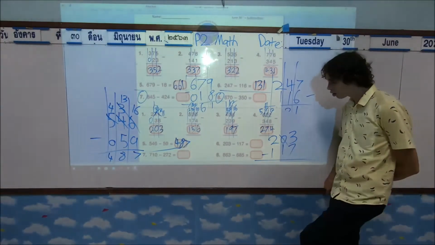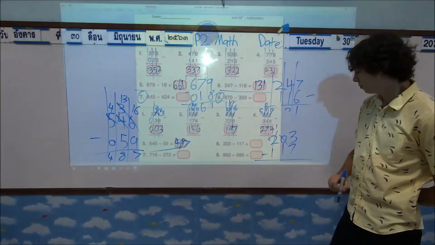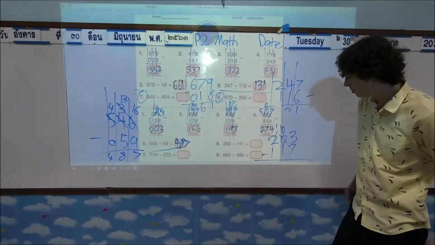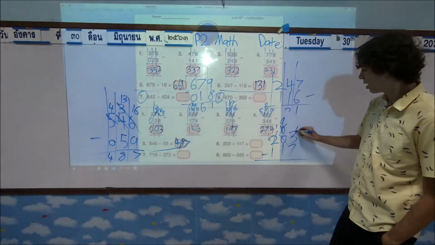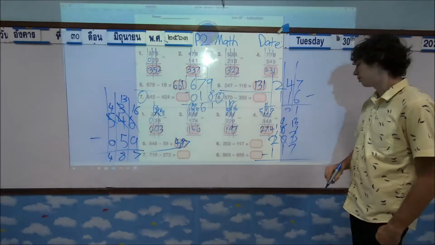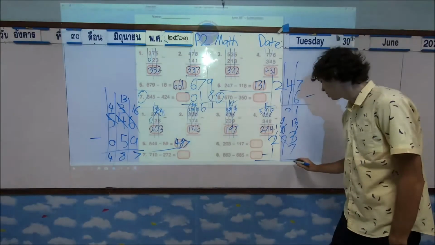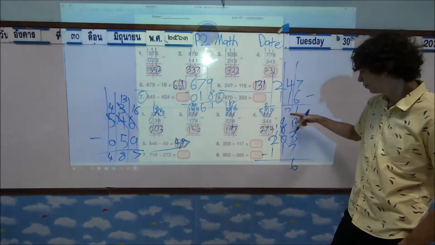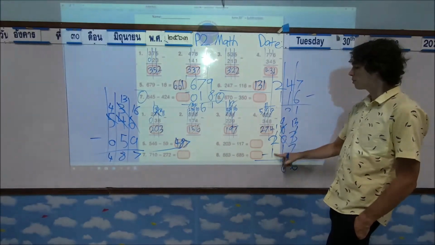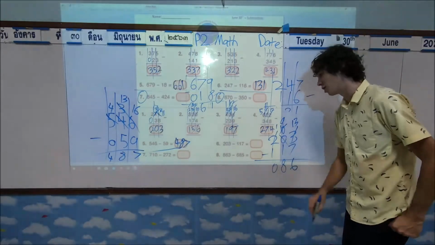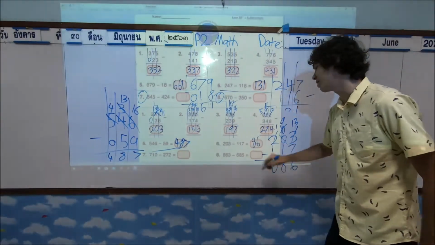No, we have to borrow from the hundreds. Make that a 1. That's a 10. Now I can borrow. Take away 1, 9, 13. Now, 13 minus 7 is 6. 9 minus 1, 8. 1 minus 1, 0. The answer is 86.